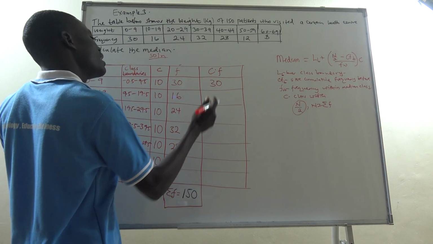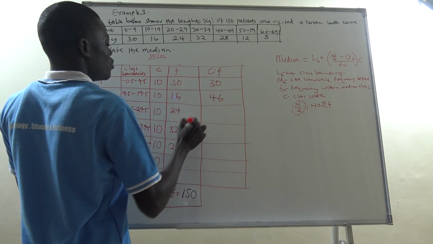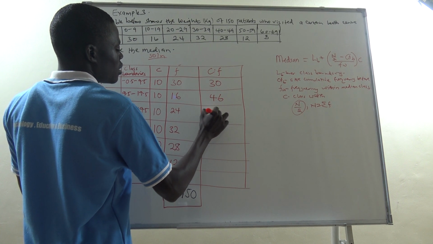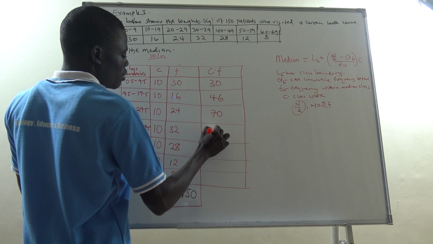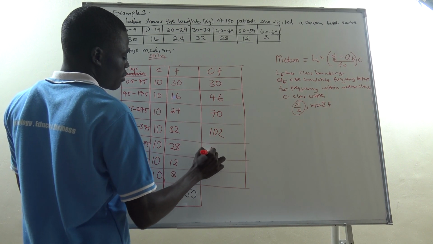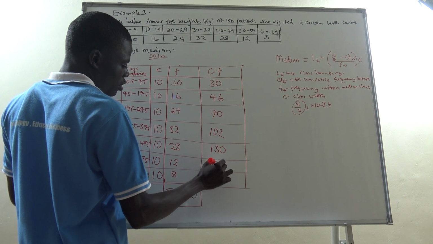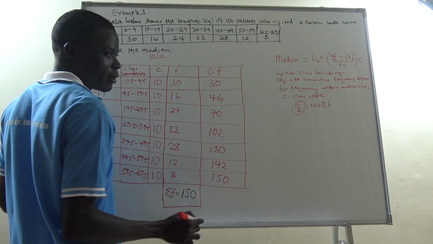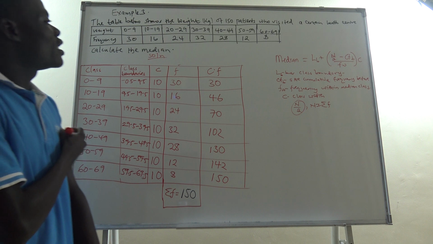So here we get 30 plus 16, we get 46. 46 plus 24, we get 70, plus 32, 102, plus 28, 130, plus 12, 142, plus 8, 150. So we have finished all the items in our formula.